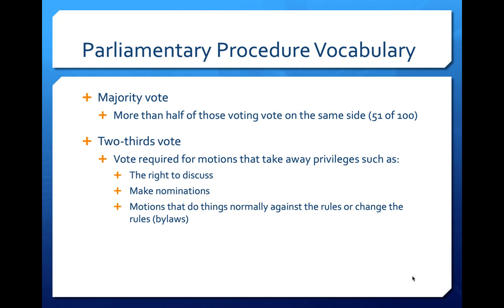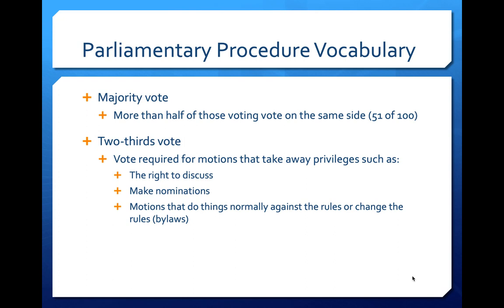One of the things you probably heard whenever you go into meetings is people saying, all in favor say aye, all opposed say no. Typically, whenever you have a motion during a meeting, the motion is going to be voted upon. Now, there's different ways to do that, and we'll get into those in a few minutes, but a majority vote is more than half.